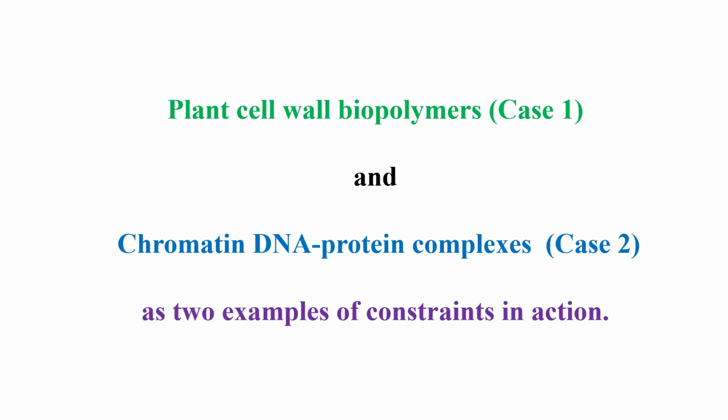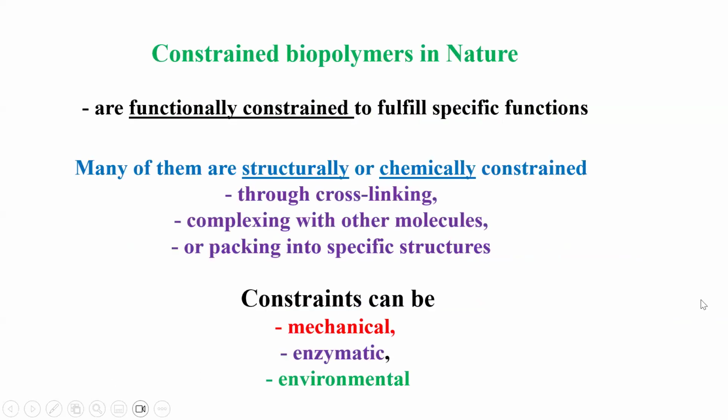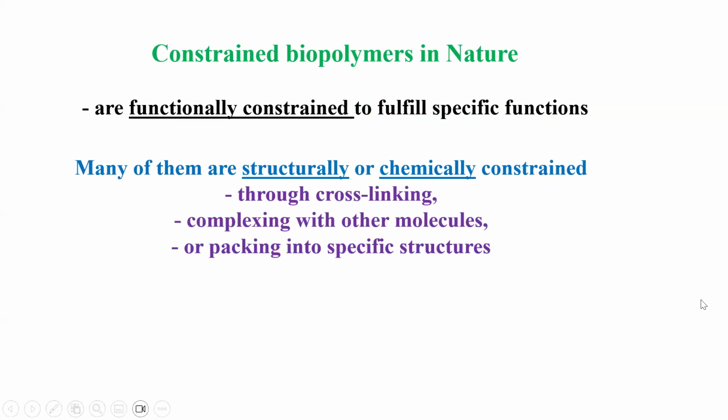So now I will go into these two examples I mentioned in the beginning, and I start with plant cell wall biopolymers as case one, and then later I continue with chromatin, the DNA-protein complexes. They illustrate very well how constraints are found in action.